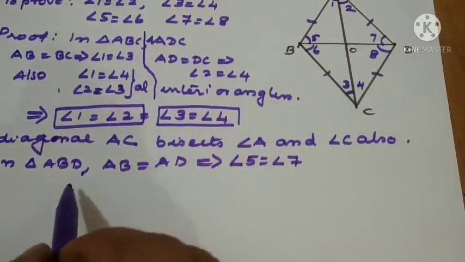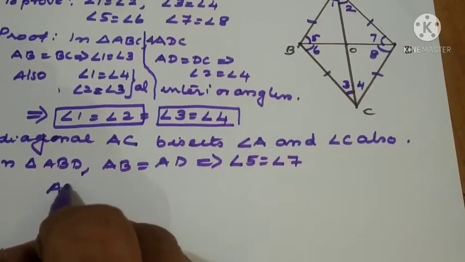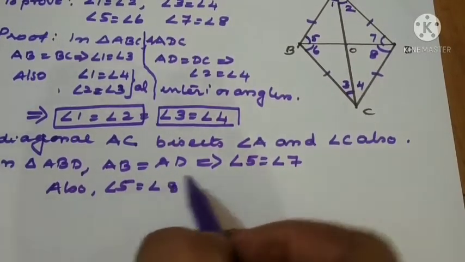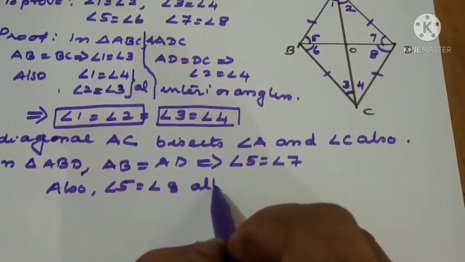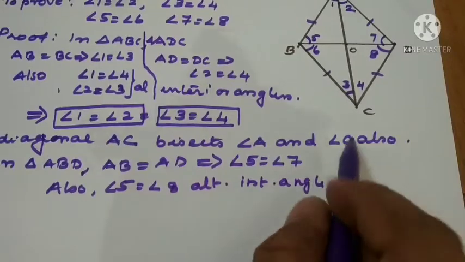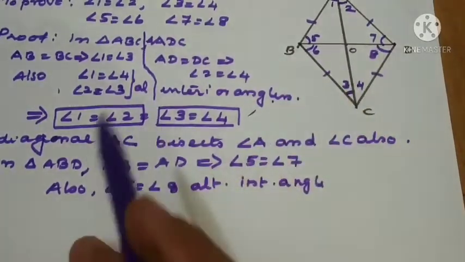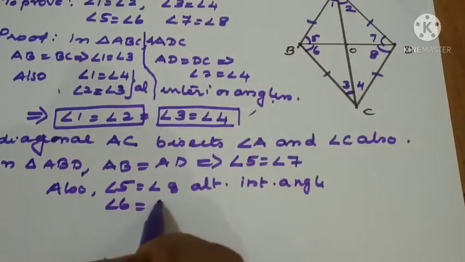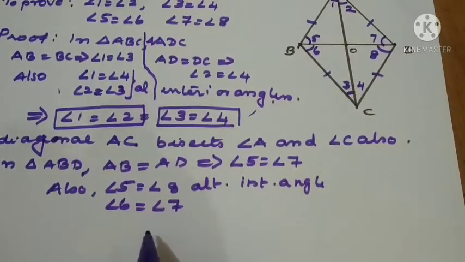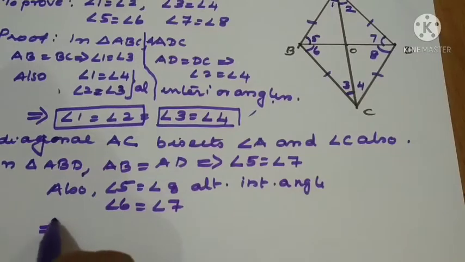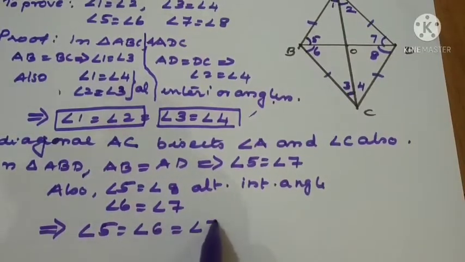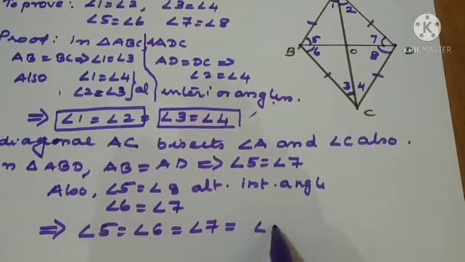Next, what about angle 5 and 8? Also angle 5 equal to angle 8, alternate interior angles. Similarly, the other pair, 6 and 7: angle 6 equal to angle 7. This implies angle 5 equal to angle 6 equal to angle 7 equal to angle 8.